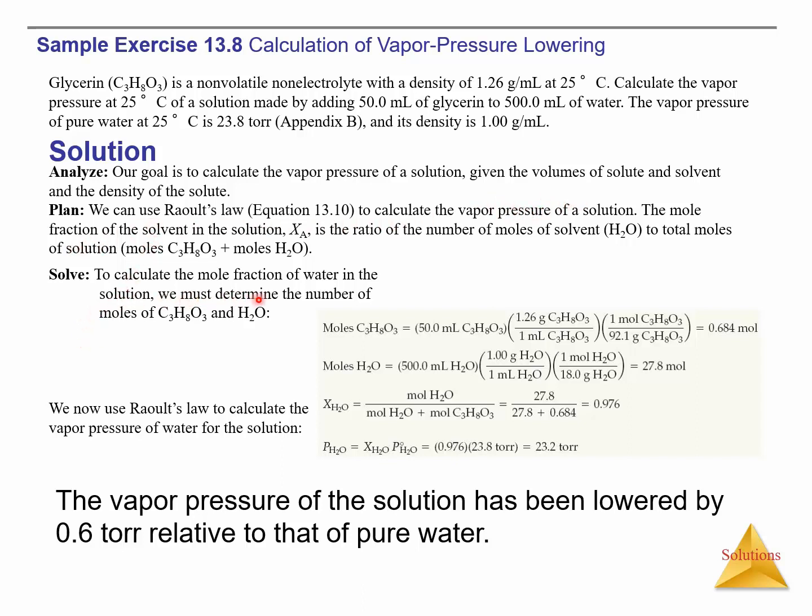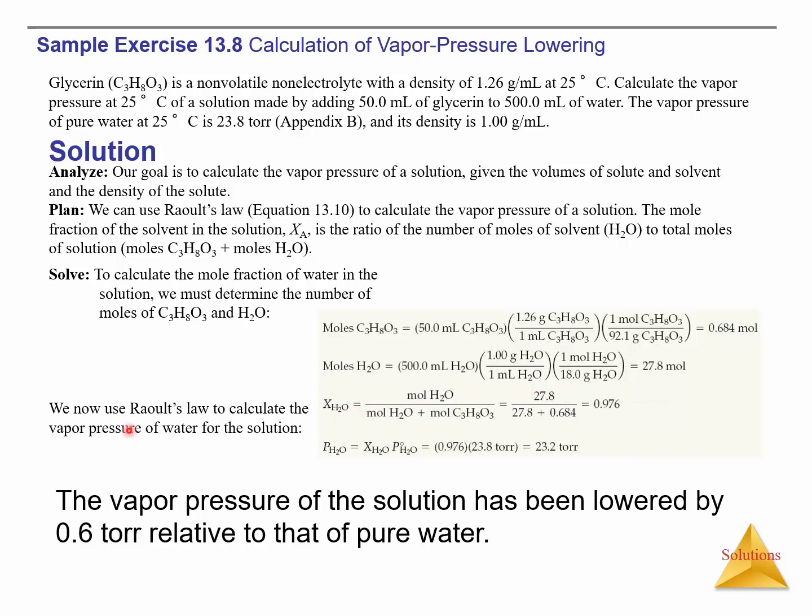To calculate the mole fraction of water in solution, we must determine the number of moles of glycerin and water. Moles of glycerin: 50 times the density, divided by the molar mass of glycerin, is 0.684 mole. Moles of water: 500 times 1 divided by 18, is 27.8 mole.